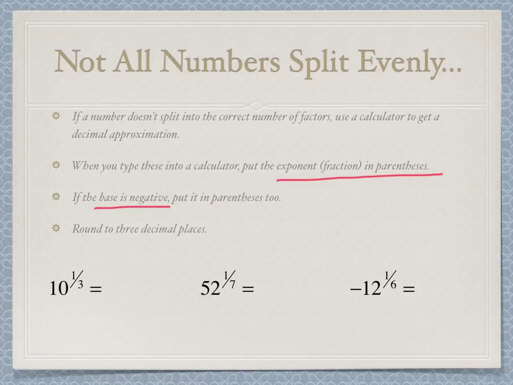Okay, so for the first one, if you type in 10 to the power of 1/3, and again what I would actually type in is 10 to the power of parentheses 1 divided by 3 parentheses, you should get 2.154.